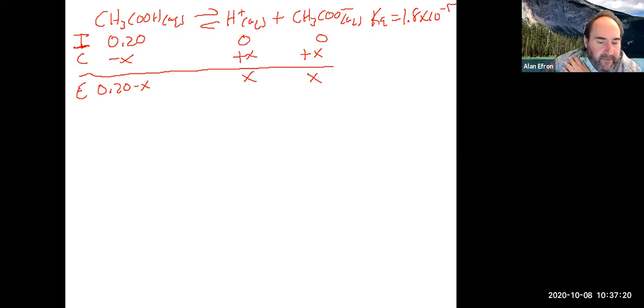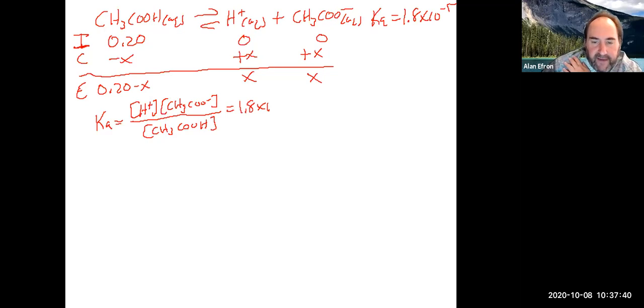At this point, just like we've normally done here, we're going to go into our Ka expression, which is our products divided by our reactants. And that will equal our 1.8 times 10 to the minus 5. I'm going to put my values in there.